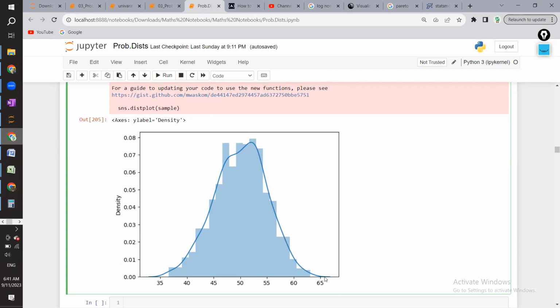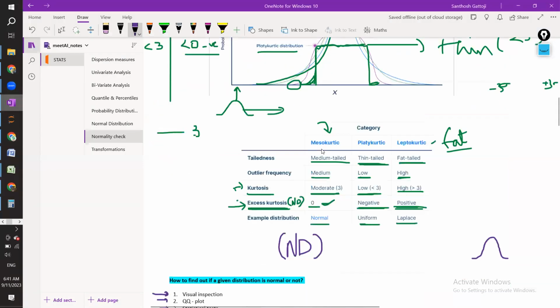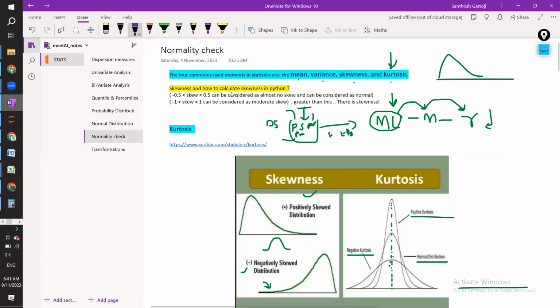But how much it is differing from normal distribution, for that you can again use these concepts. You can find out the skewness. Yesterday we saw how to find out the skewness, just data frame dot skew, and you can compare whether it is very much differing, whether it is having more than 0.5 or less than minus 0.5 skewness.